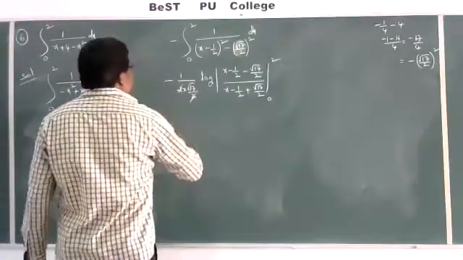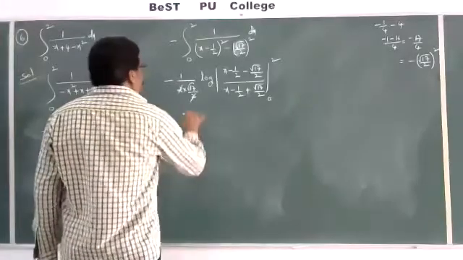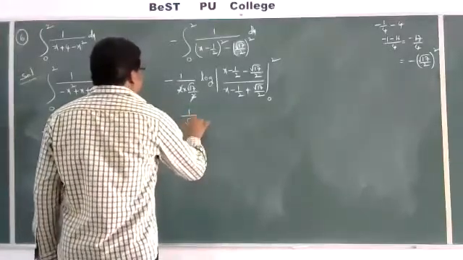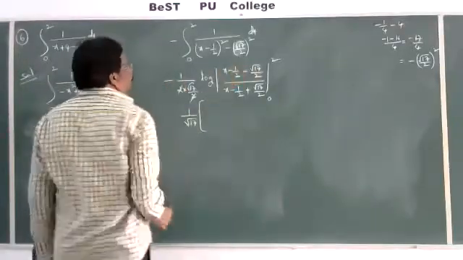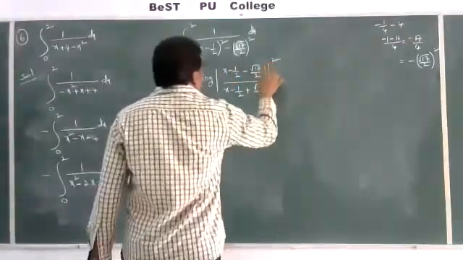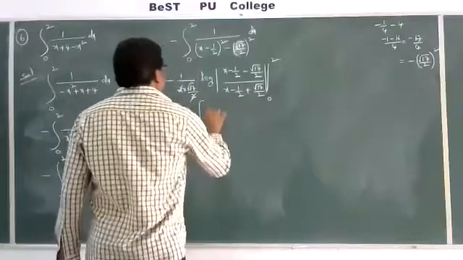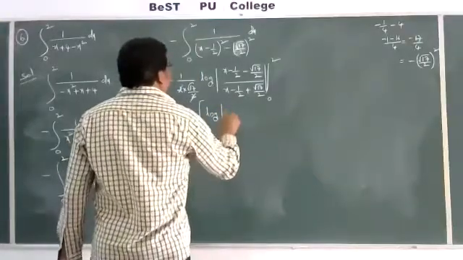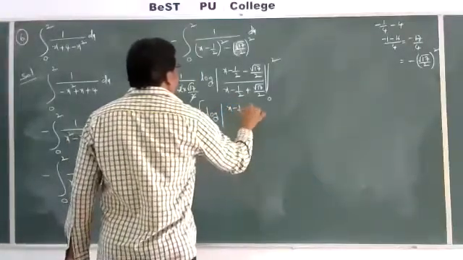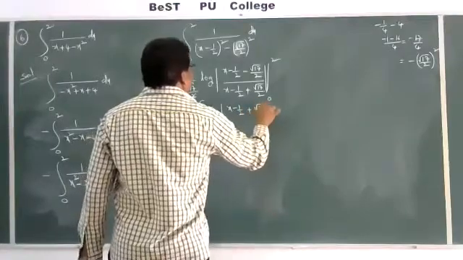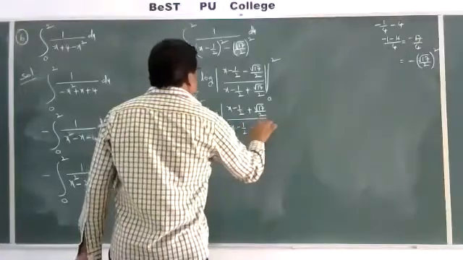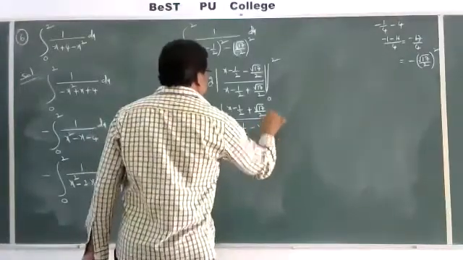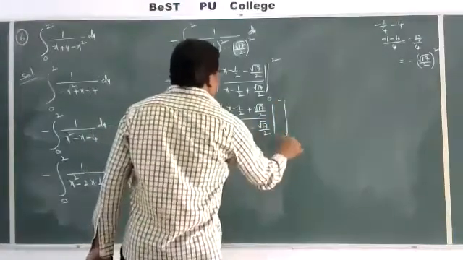Here 2a is root 17, so 2 cancels, and we get 1 by root 17 for this minus, logarithm of mod x minus 1 by 2 plus root 17 by 2 by x minus 1 by 2 minus root 17 by 2. You understood? From the limits 0 to 2.